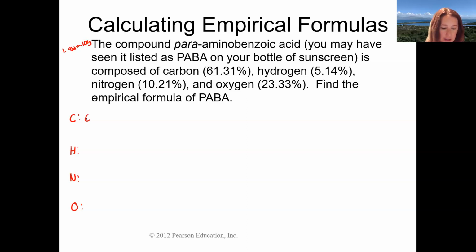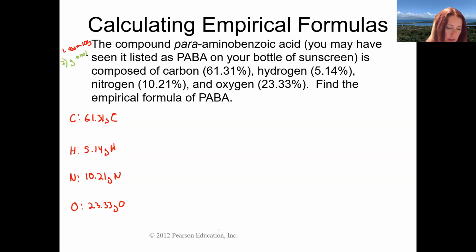So I've got 61.31 grams of carbon. And I've got 5.14 grams of hydrogen and 10.21 grams of nitrogen and 23.33 grams of oxygen.